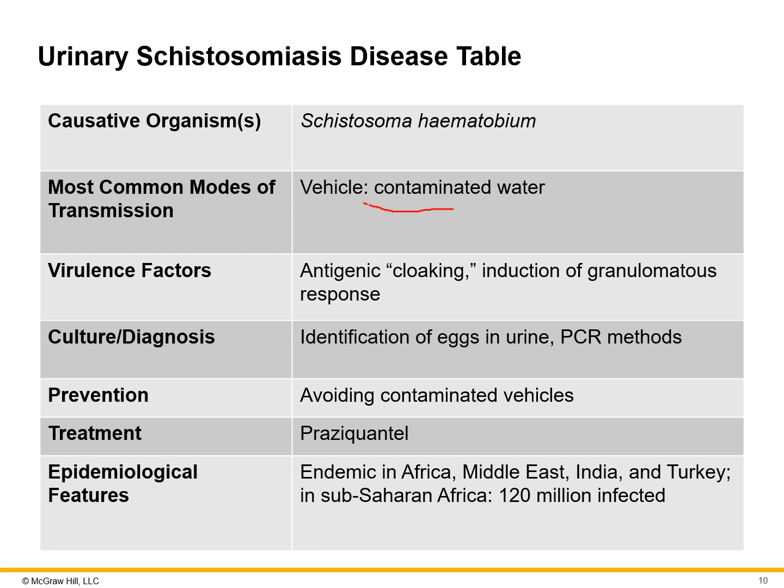Again, the antigenic cloaking affects the immune system. It also induces a granuloma, that clumping or clustering of cells where they create a mass. Again, the best prevention is avoiding contaminated water. And then we do have treatment available.